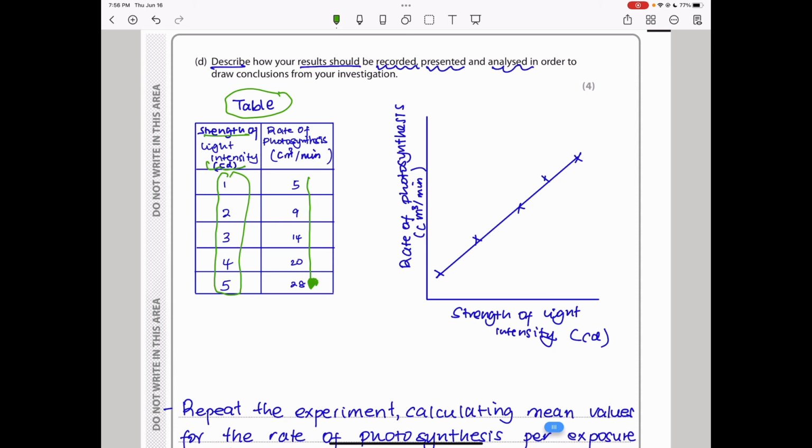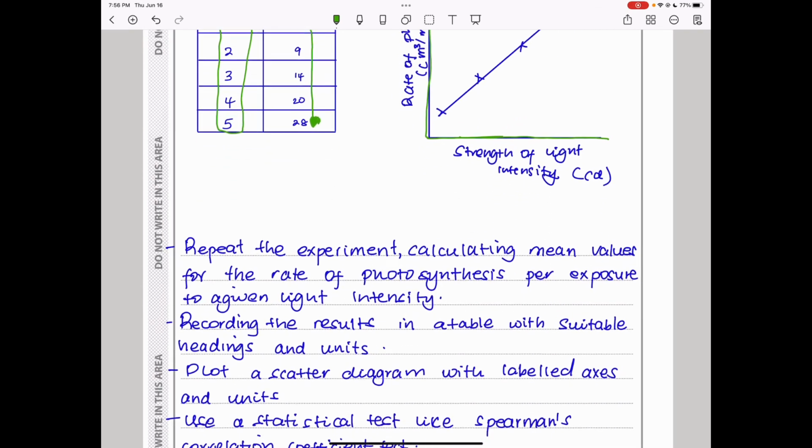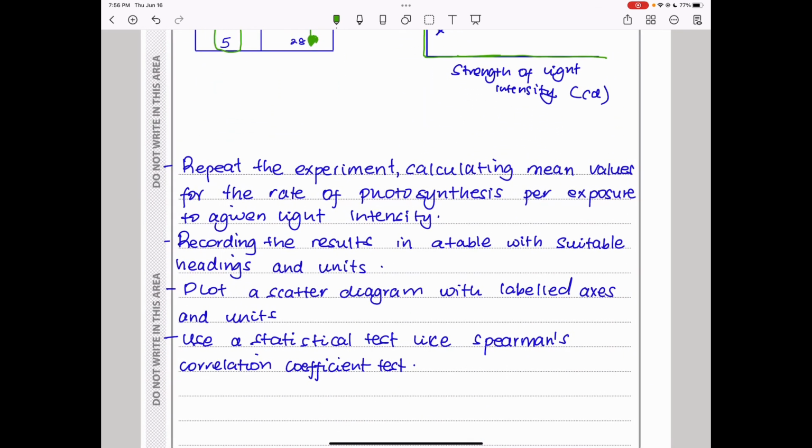And then you'll use the mean values to draw a scatter graph. This graph would be a line graph or a scatter graph. This graph should be rate of photosynthesis on the y-axis with its units and the strength of light intensity on the x-axis. Then after, we can use a suitable statistical test to be able to establish if there is a correlation or not.